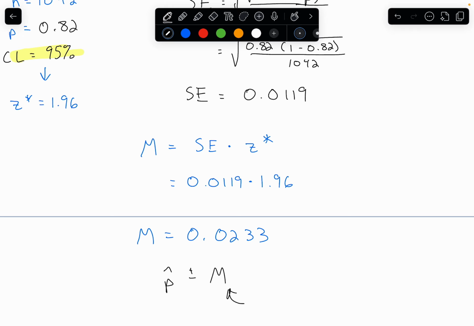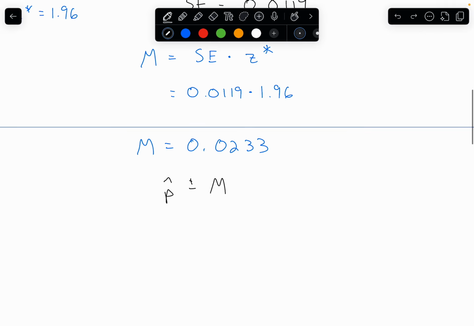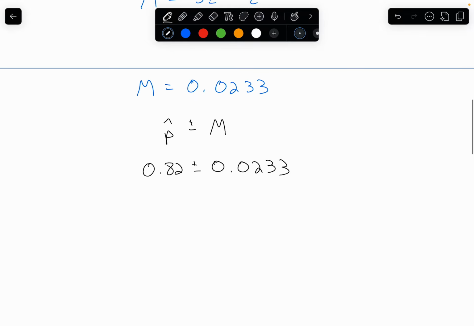And then the margin of error is attempting to account for some of that sampling bias that we talked about earlier on in this chapter. So p hat, we said that was 0.82. So 0.82 plus or minus my margin of error, which is 0.0233. Now, this looks like one calculation, but it's really actually 2.